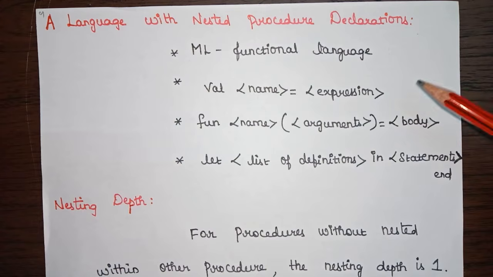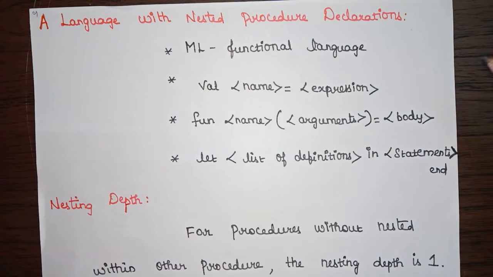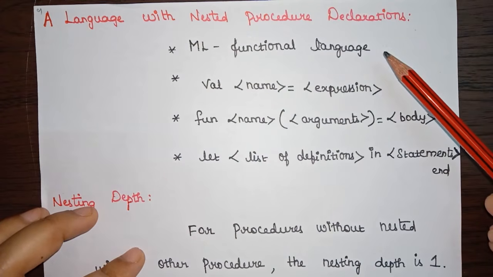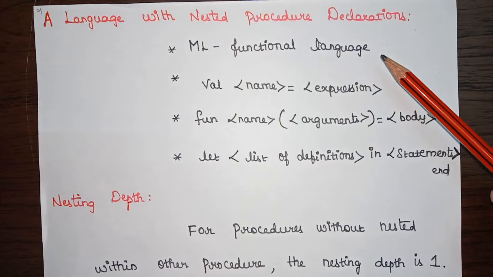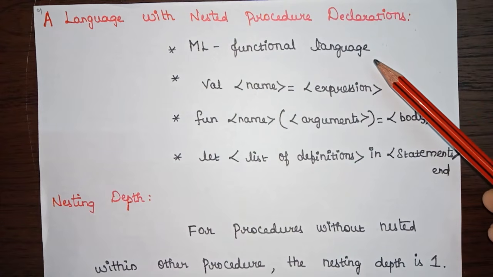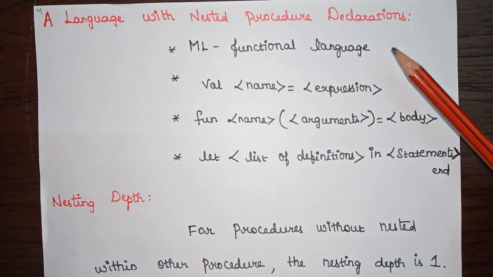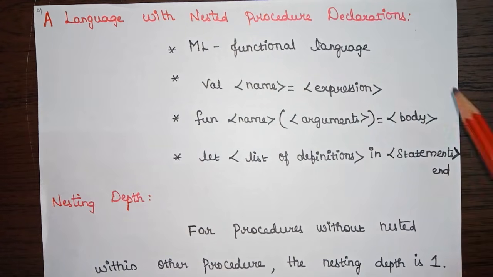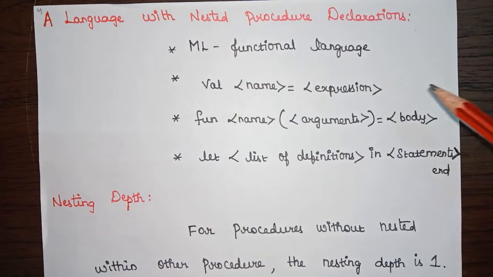Here we can see the ML language declarations, and if you look at the first line, we can say that ML is a functional language. When we say functional language, it means that once a variable is declared and initialized, its value cannot be changed. There are a few exceptions.